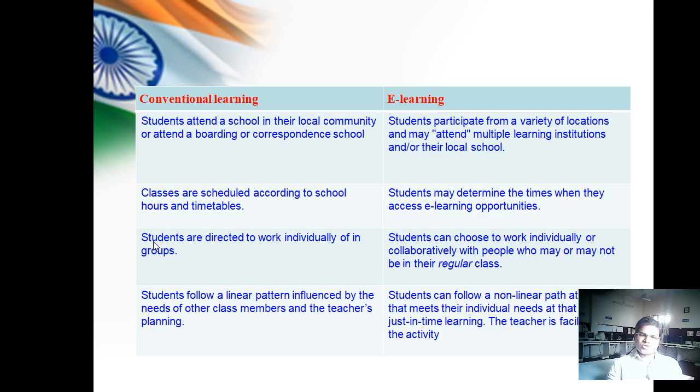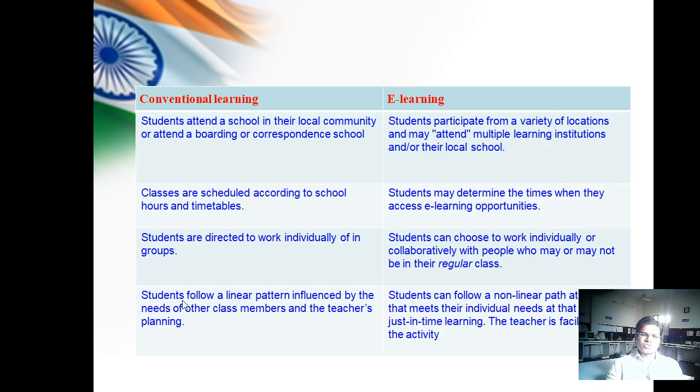And the third point of difference between conventional learning and e-learning: in conventional learning, students are directed to work individually or in groups. In e-learning, students can choose to work individually or collaboratively with people who may or may not be in their regular class.